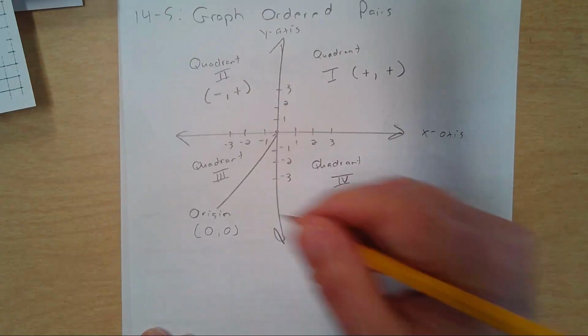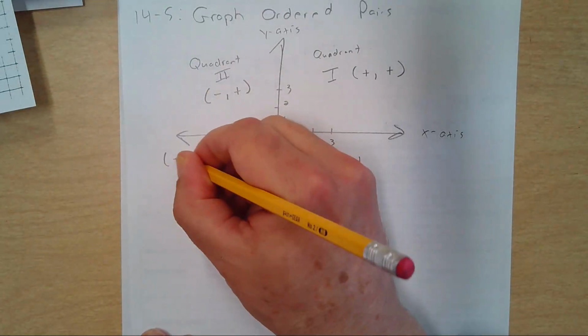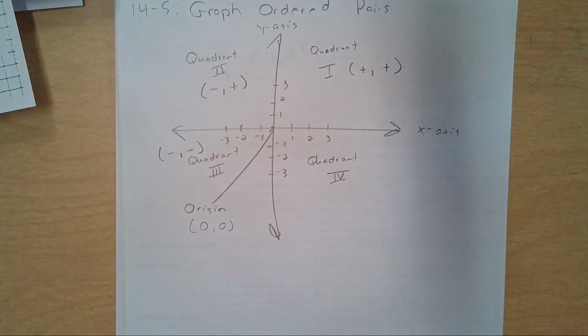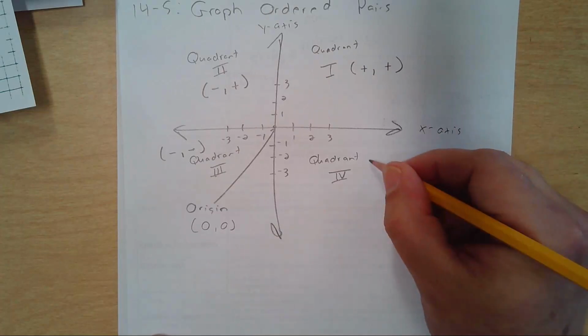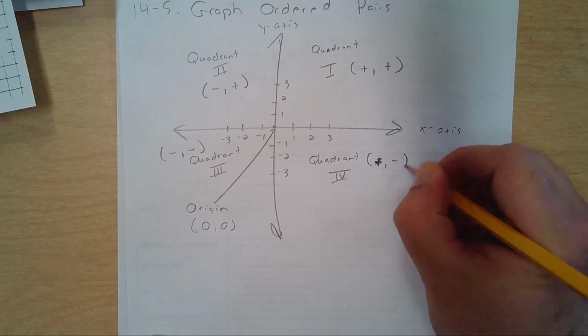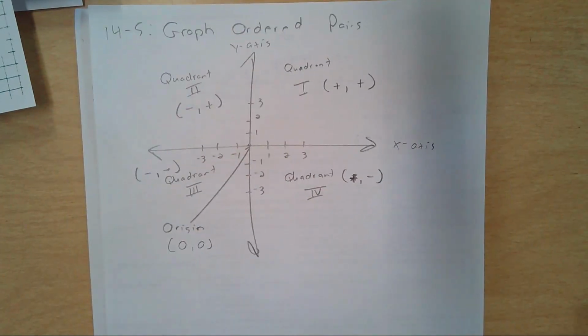Down here in quadrant 3, your x value is going to be negative and your y value is also going to be negative. In quadrant 4, your x value is positive, your y value is negative. Anything that has a coordinate of 0, like if x is 0 or y is 0, does not lie in a quadrant. Instead, it lies right on the axis itself.